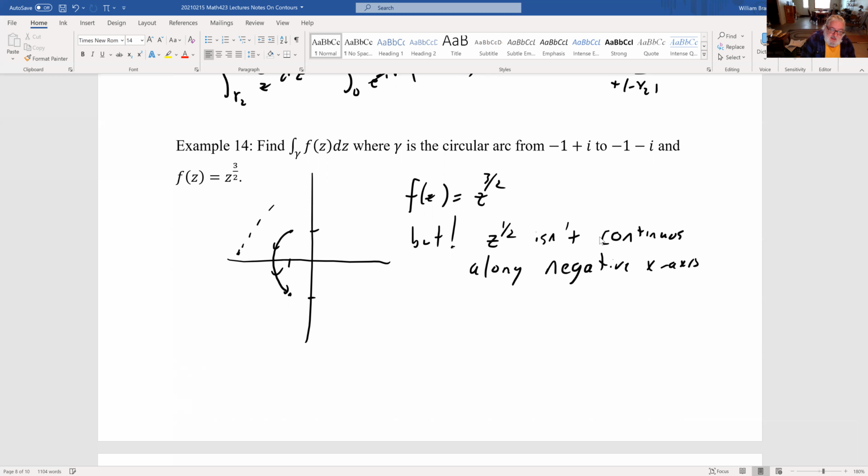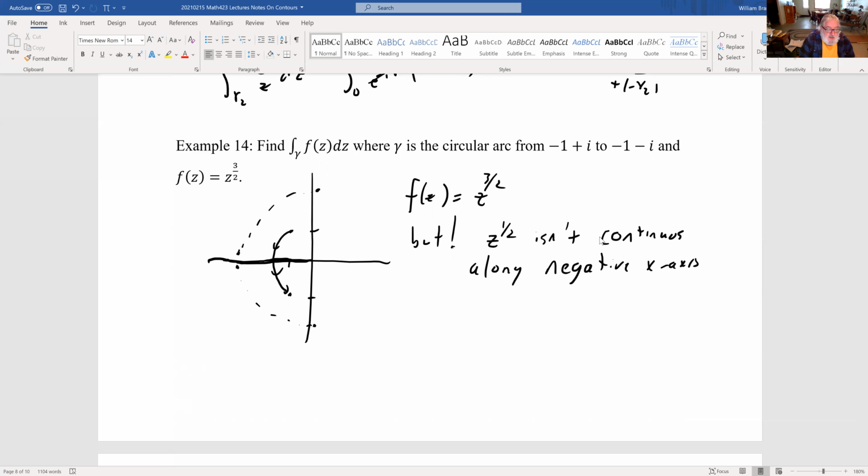So the square root of that would be close to pi over 2. The argument of a point here is close to minus pi. And so if you take its square root, it's over there. So square root is not continuous along this negative x-axis.